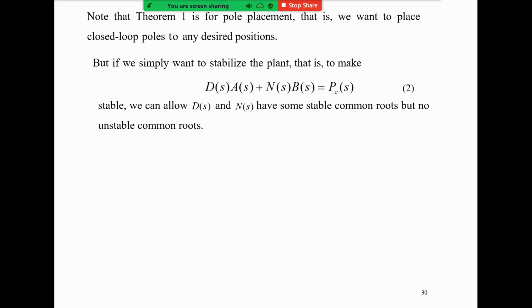Now, sometimes it may happen that the original transfer function of the plant may have some common factor. And we know there is a condition that they should not have any common factor. If they have a common factor, we know that common factor cannot be changed, which means that pole cannot be changed.